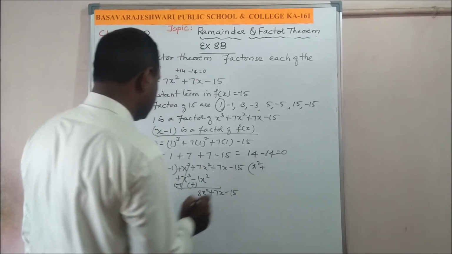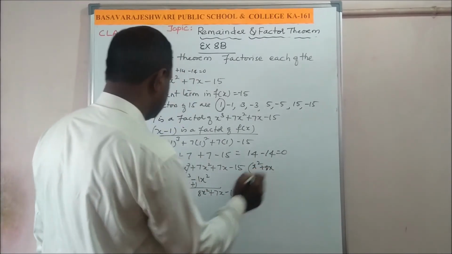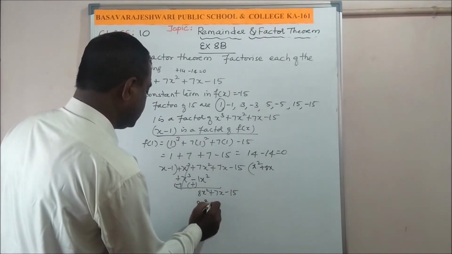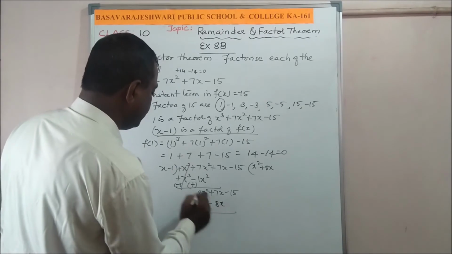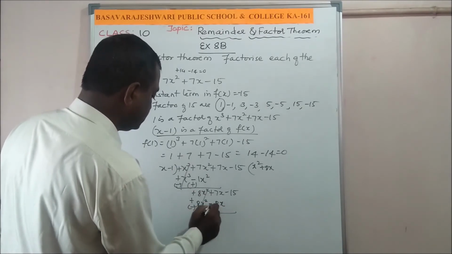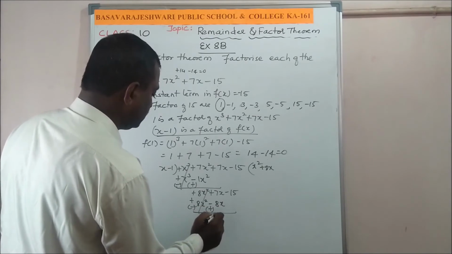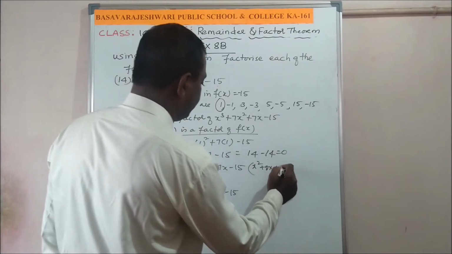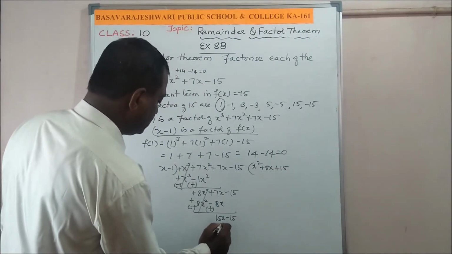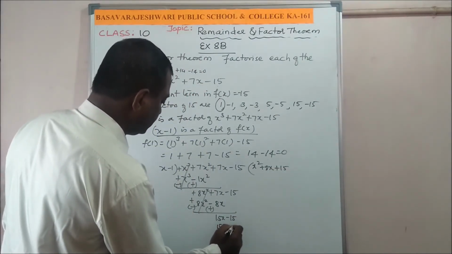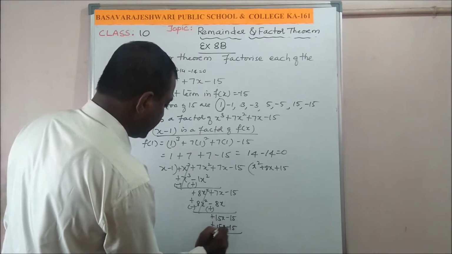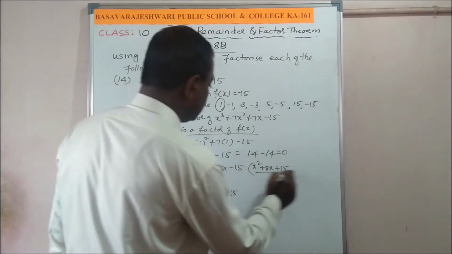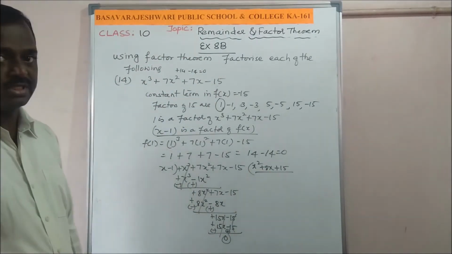Next plus 8x into x, 8x square minus 8x, plus minus cancels, plus 15x minus 15, plus 15x minus 15, plus minus cancels, 0. So what we got? X square plus 8x plus 15.